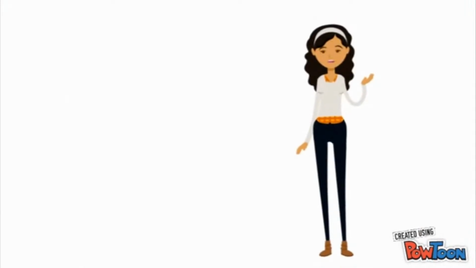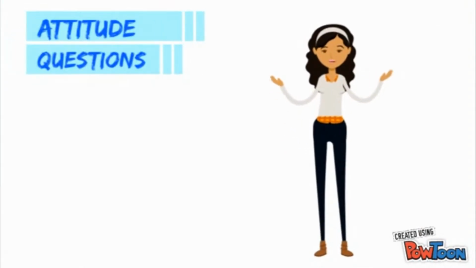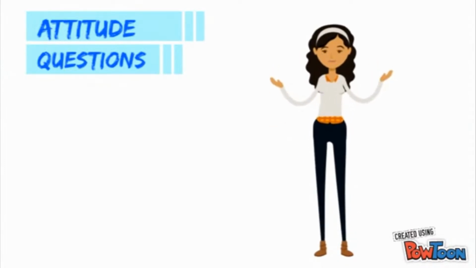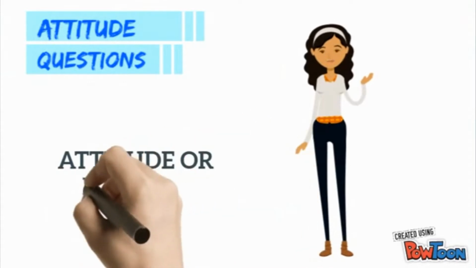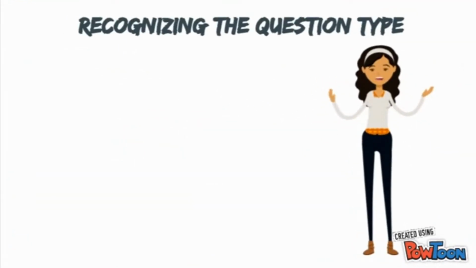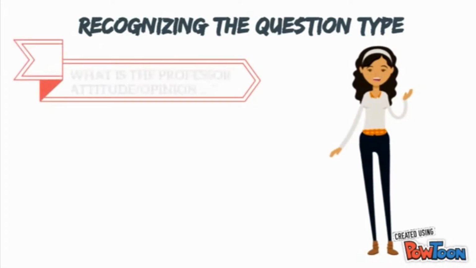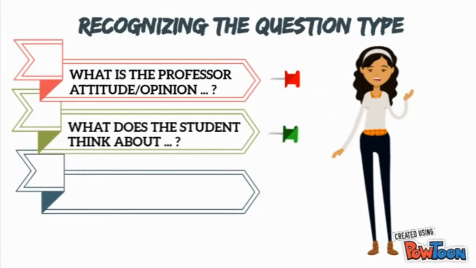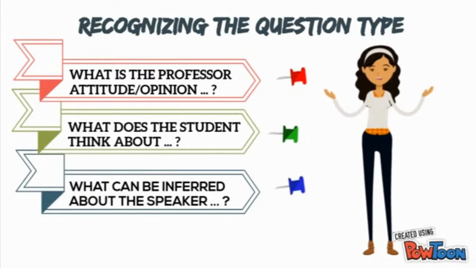The other type of question is the attitude question. This kind of question asks you to show understanding of the speaker's attitude or their feelings about something. You can recognize attitude questions because they include phrases like, what is the professor's attitude or opinion? What does the student think about? What can be inferred about the speaker?